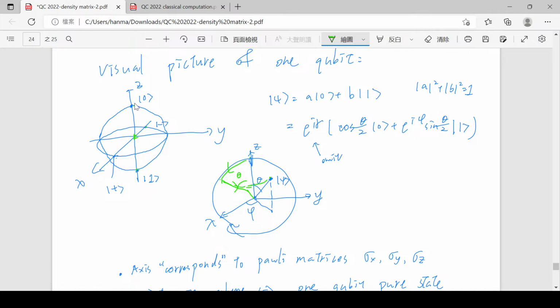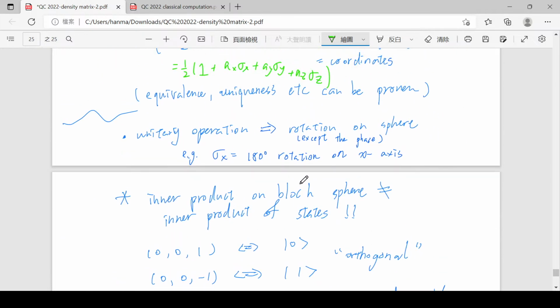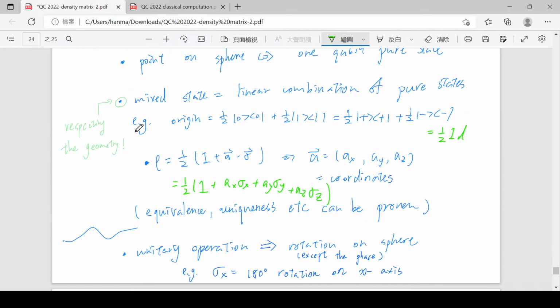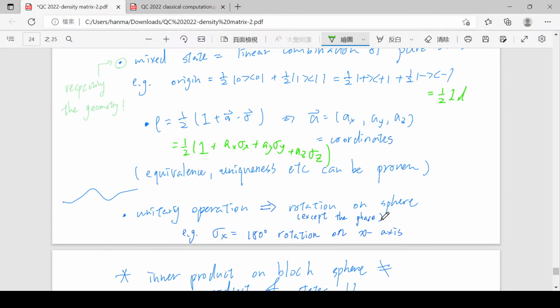It will rotate 0 to 1 by 180 degrees, and 1 to 0 by 180 degrees. It will just rotate this ball. So that's also very cool. A unitary operation is a rotation. So this representation of mixed states respects the geometry, and the unitary operation also respects the geometry.